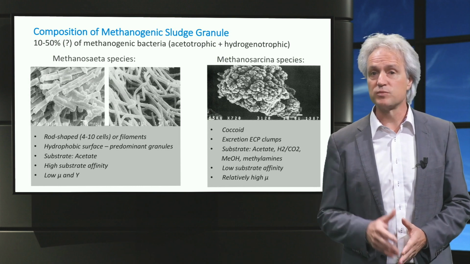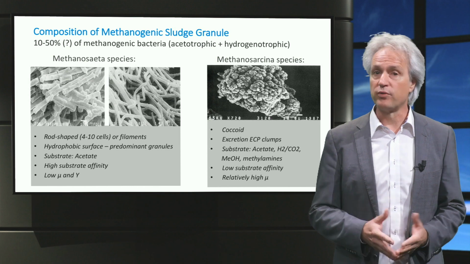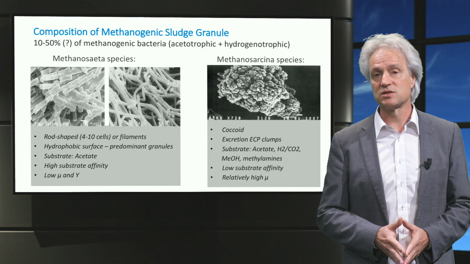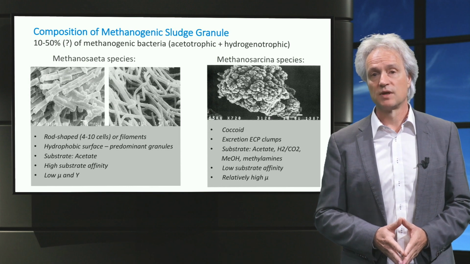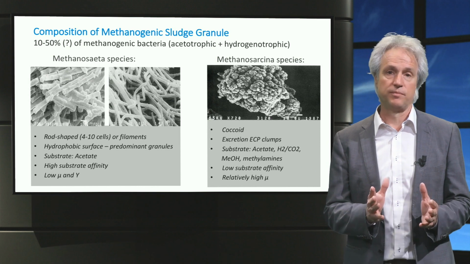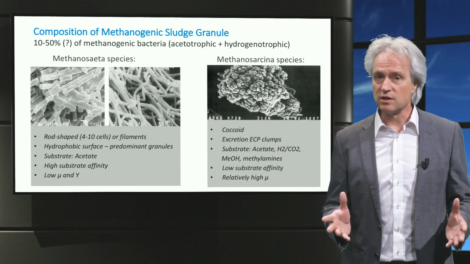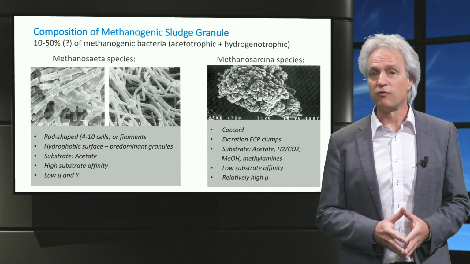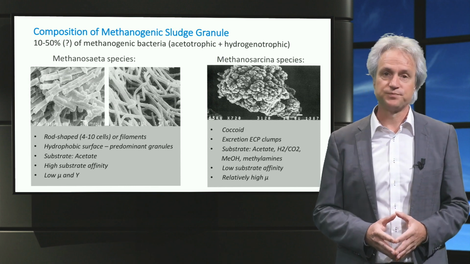Methanosarcina, on the other hand, forms a lighter coccoid cluster and is more prone to washout when the upward velocities are increasing along the reactor startup. Hence, Methanosaeta are the species we should focus on during the startup. A predominance of these species ensures low effluent acetate concentrations and the growth of well-settleable granular sludge.